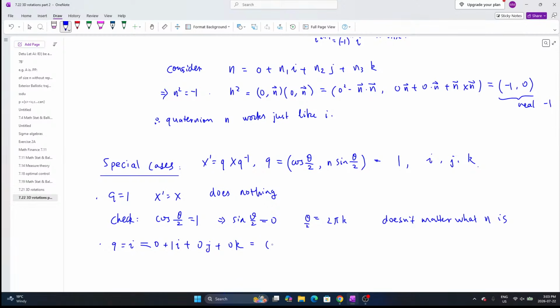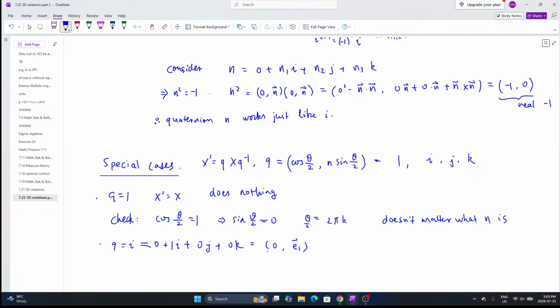It's the same as 0 E1, the unit vector along the x1 axis. Hold on a second, that does nothing either, because half theta is, no, it's not doing nothing. My goodness, I'm stupid. Sorry, that's 0 E1.